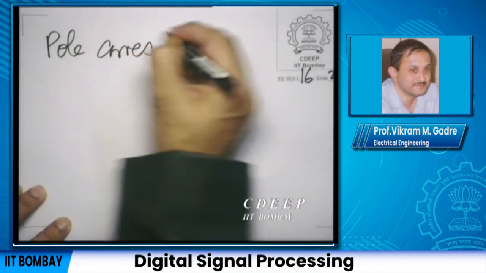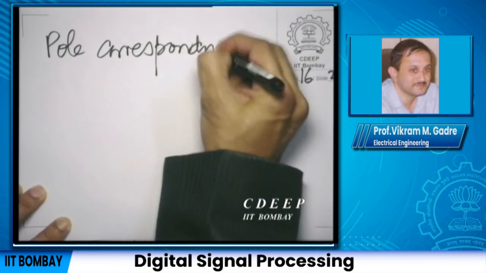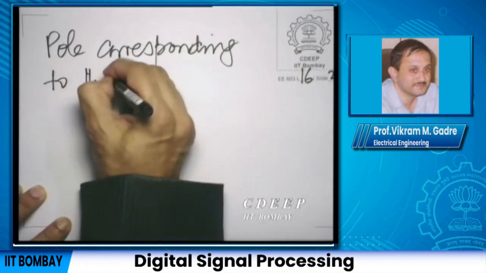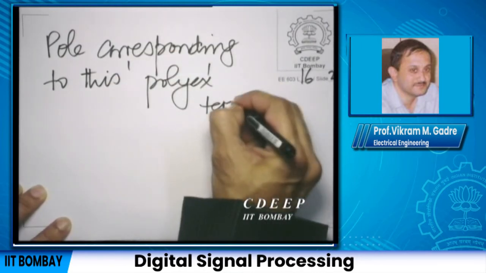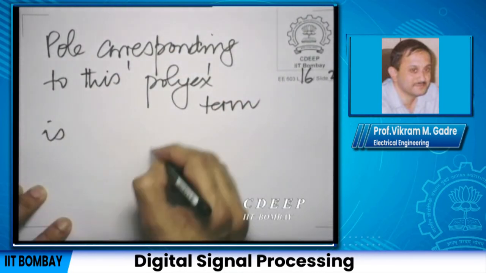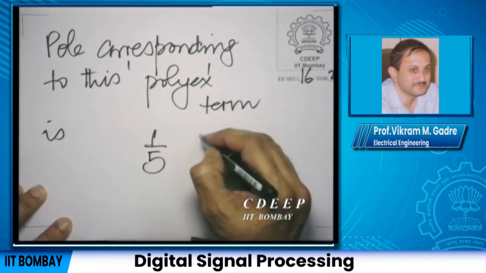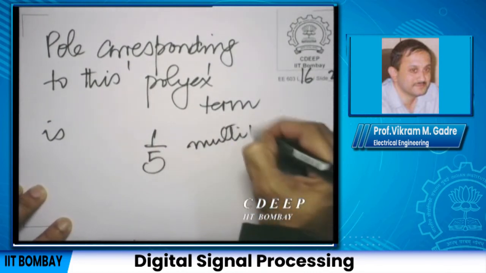What we do is to identify what we call the input poles now. Now, here for example, the pole corresponding to this poly x term is 1/5, but with a multiplicity of 3.